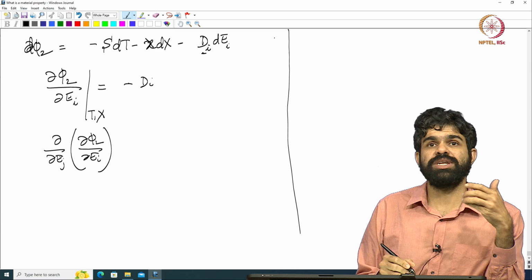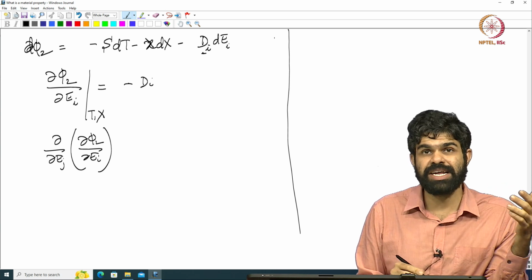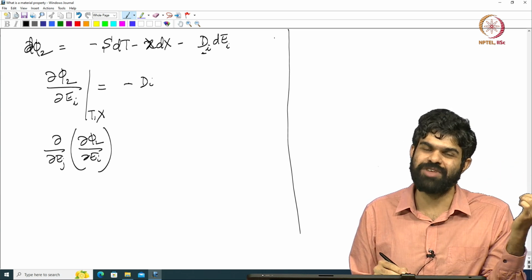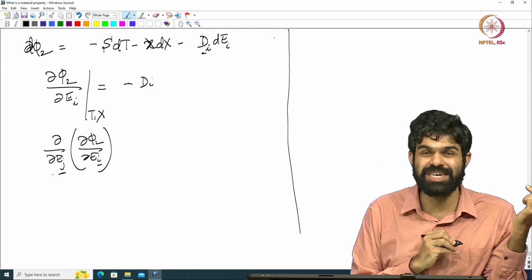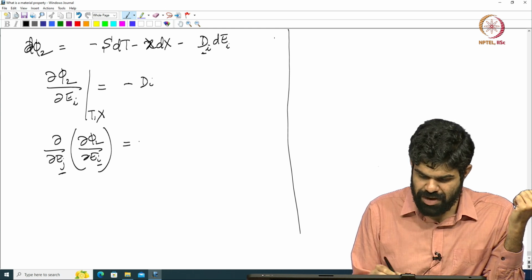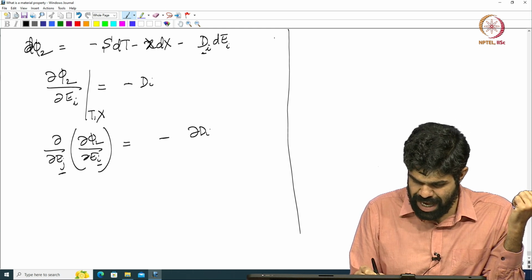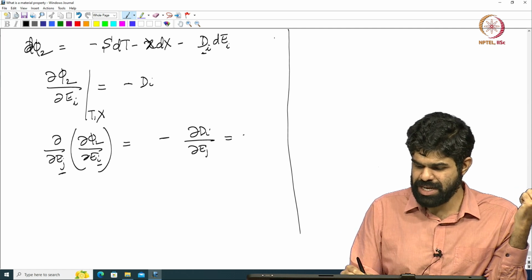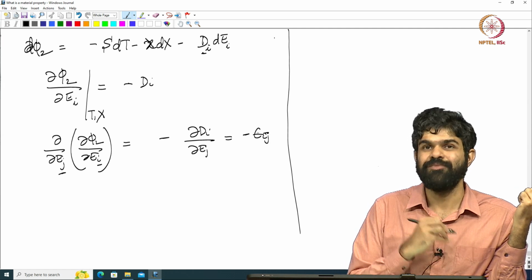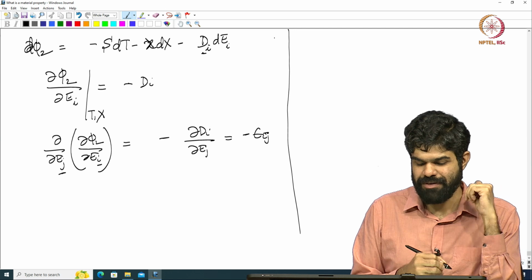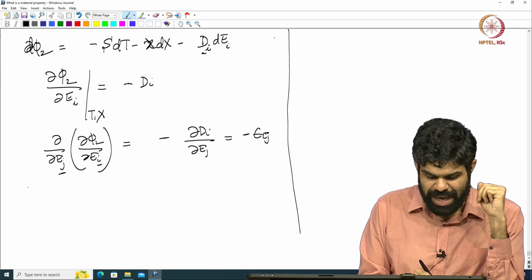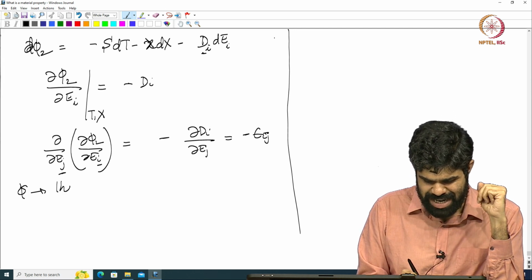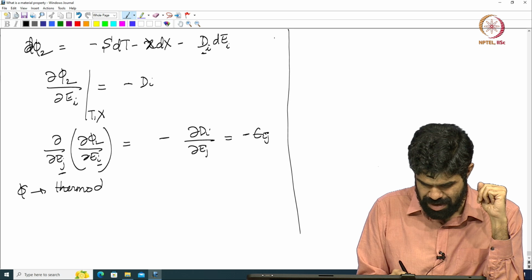So, now I am going to take this derivative a second time with respect to another component of electric field, not the i component, but the j component, right. So, now that is going to be minus dou Di by dou Ej. Now, what is this? This is nothing but minus epsilon ij, right. Okay, very good. But phi is a thermodynamic potential and an analytic function.